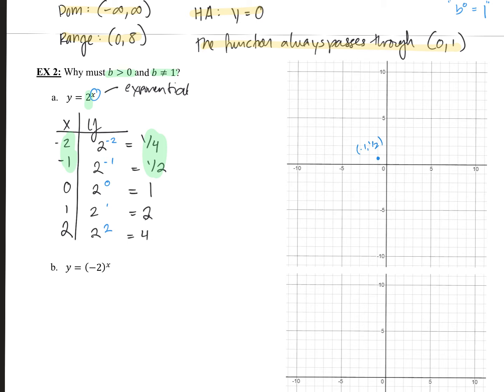And then we have the point (-2, 1/4). Oops, let me back that up. And then (0, 1), and then (1, 2), and lastly (2, 4).